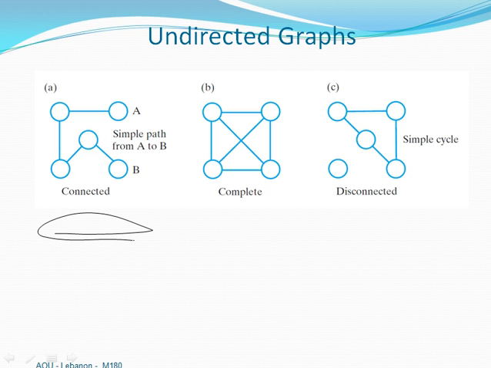Such a graph is called a connected graph, whereas in a complete graph, every vertex is connected to every other vertex. A disconnected graph is a graph in which we find some vertices that are not connected to other vertices in the graph.